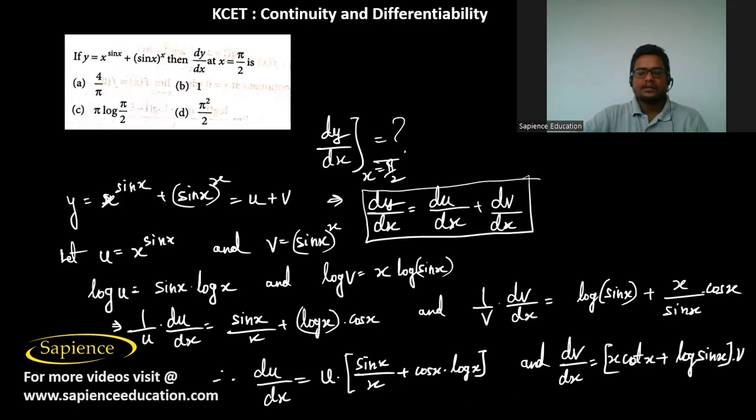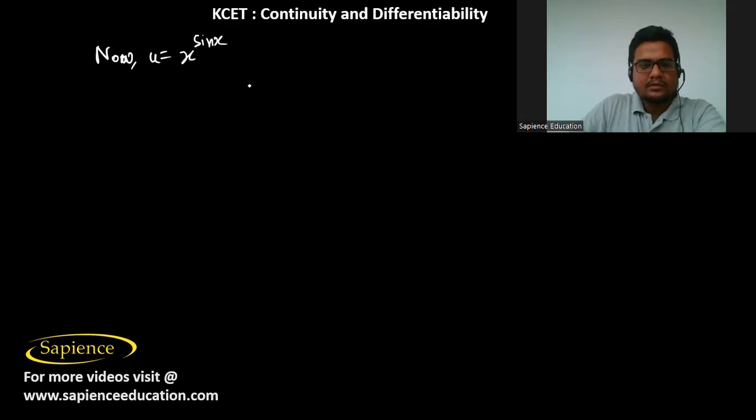Now the values of u and v we have to find also at x equal to pi by 2. The value of u, which is x power sin x, will be equal to pi by 2 power sin pi by 2.